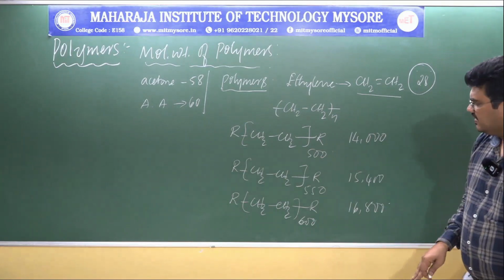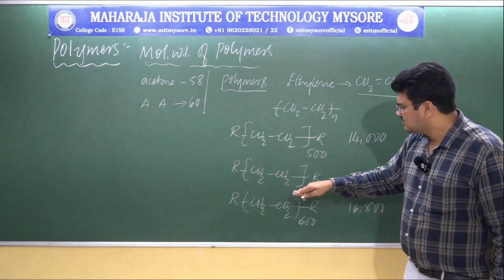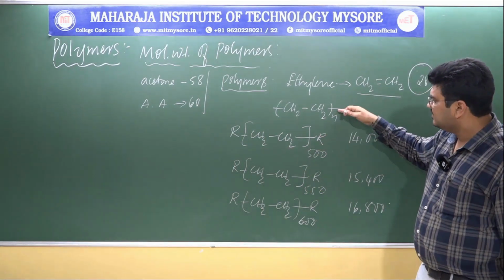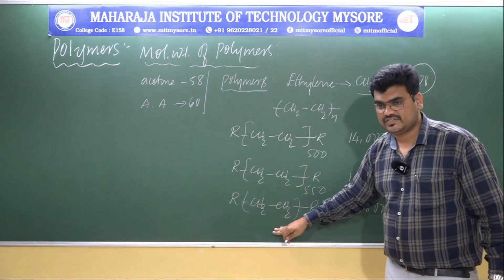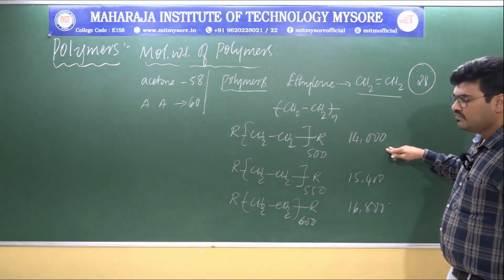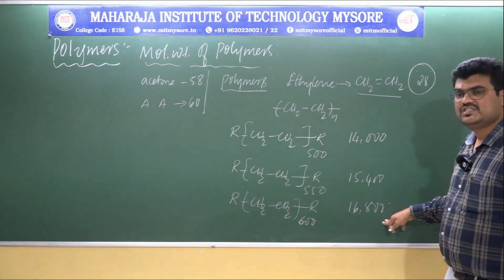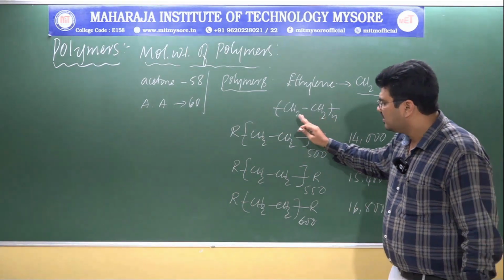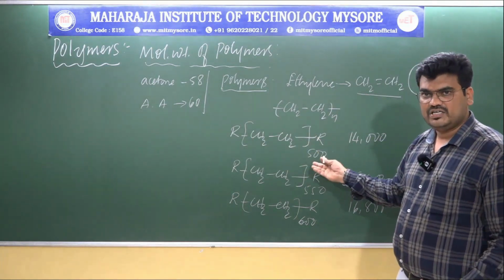So what we are seeing here is that all these polyethylene chains have different sizes and different molecular weights, right? This chain has 14,000, this has 15,400, and this has 16,800 molecular weight, right? So the molecular weight and the size of the different polymer chain lengths is different, right?